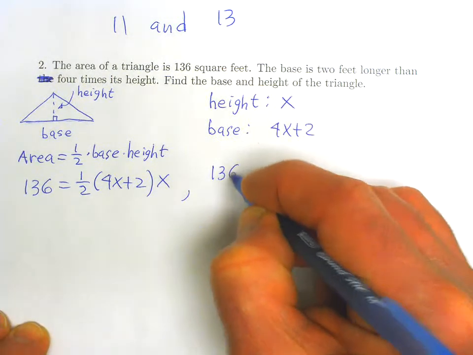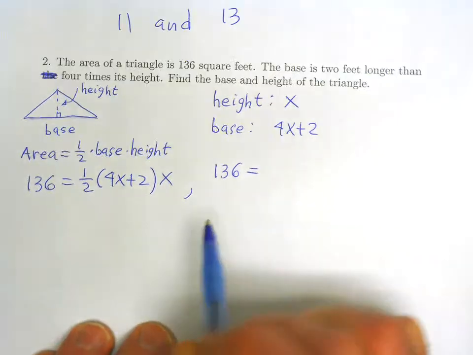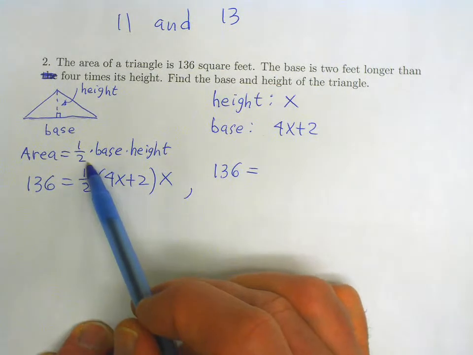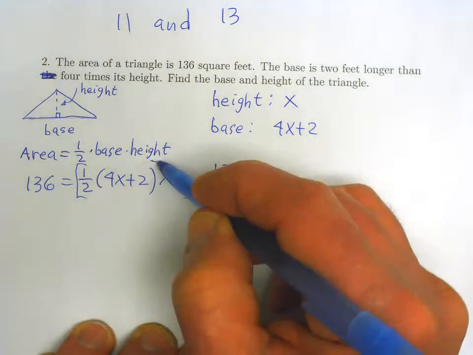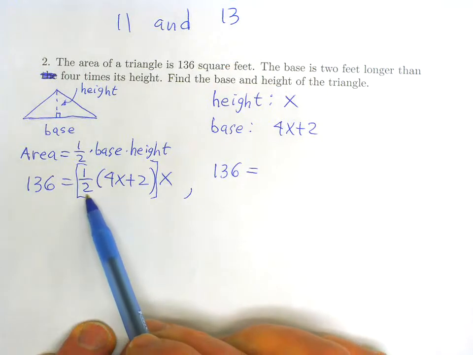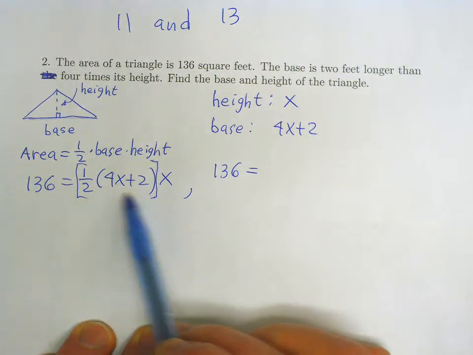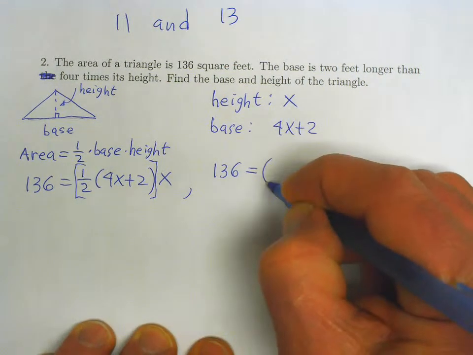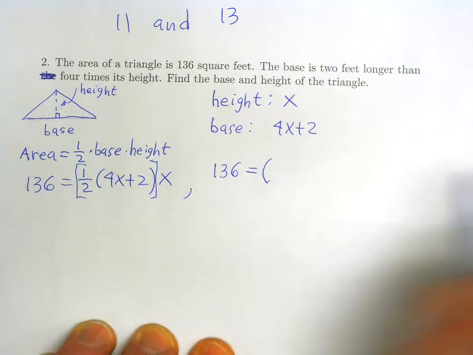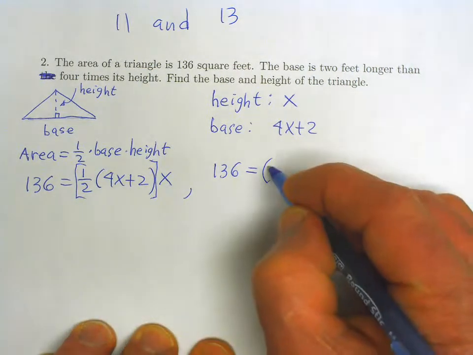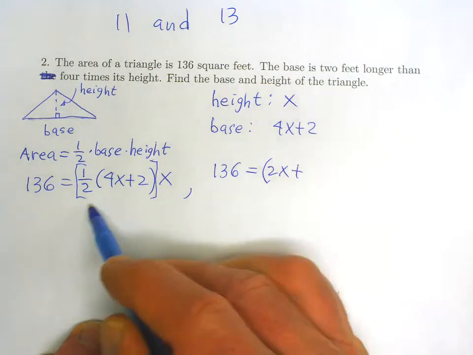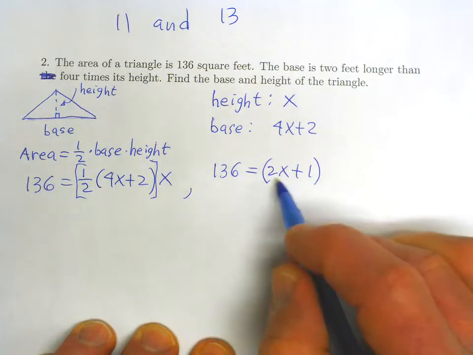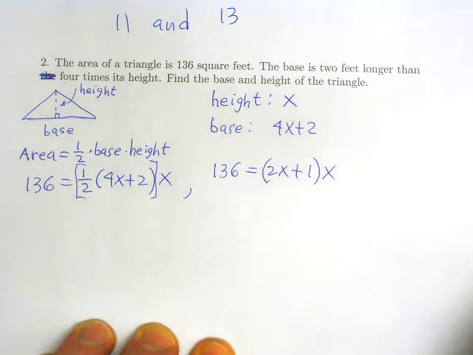So I get 136 equals, and when I multiply 1/2 times the binomial, I still have a binomial because I'm multiplying it by x. So 1/2 times 4x is 2x, and 1/2 times 2 is 1. So I have the binomial 2x plus 1 times x.